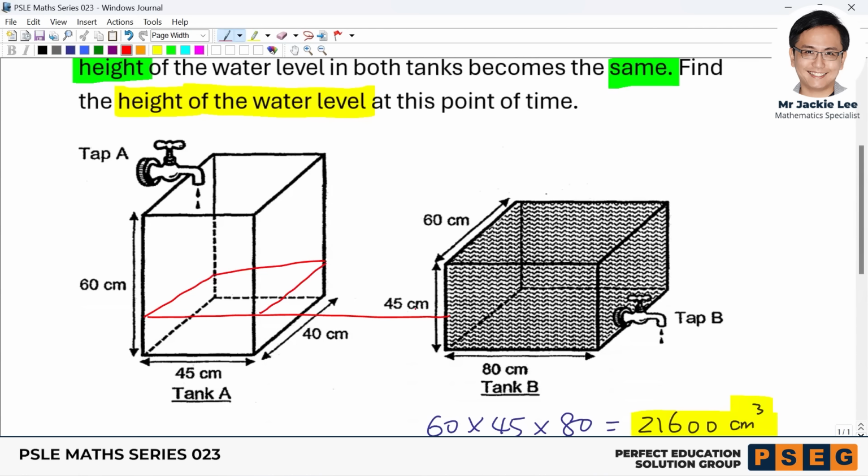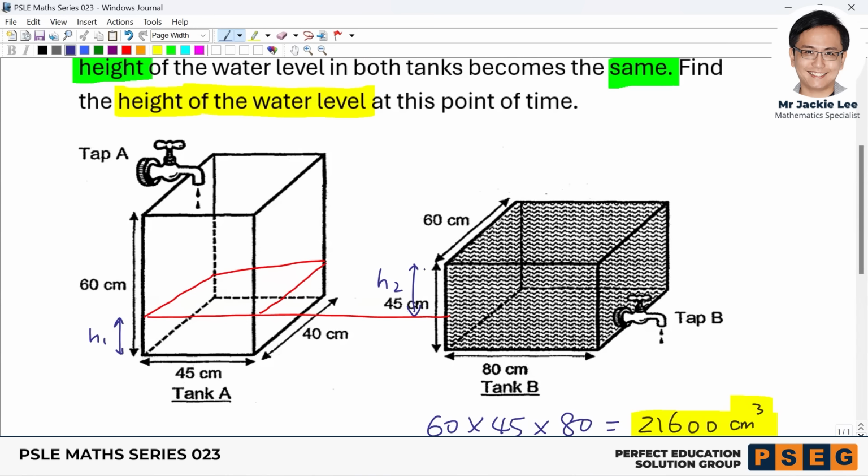There are actually 2 heights. This one is called H1. This one is called H2. These 2 heights added together will be back to the 45 cm. So we calculate the two volumes in tank A with H1, then tank B with H2.